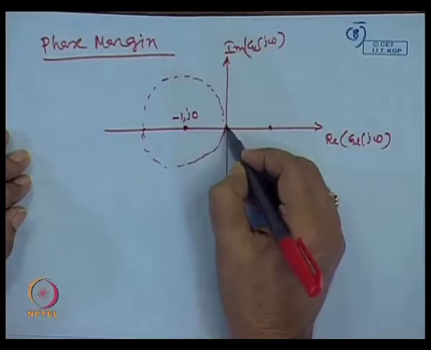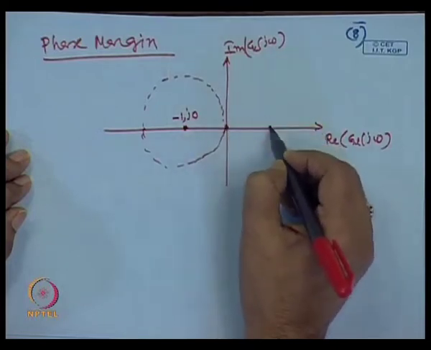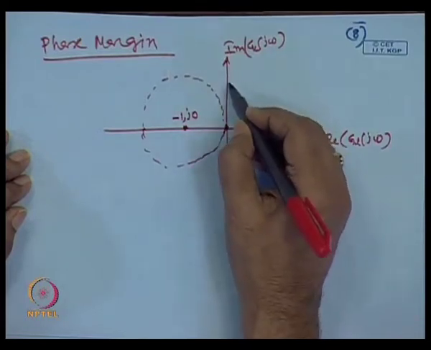And this is with center 0 and radius 1, I am drawing another circle.